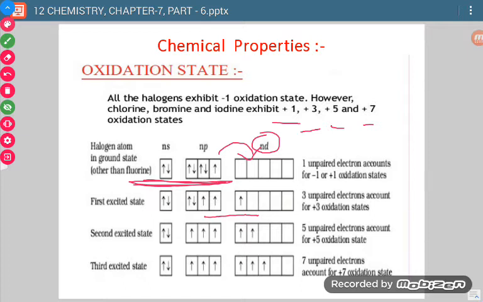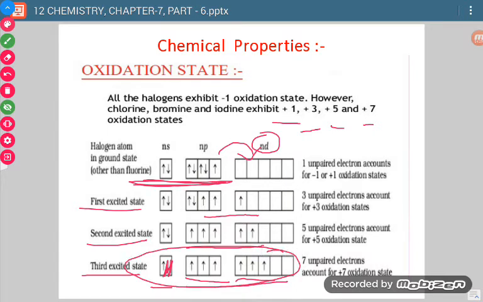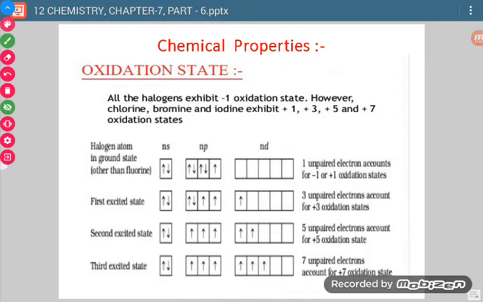But in the first excited state, second excited state or third excited state, the number of unpaired electrons increases. Now see, here there is some mistake, it should not be there. There is only one unpaired electron. So let us see again.